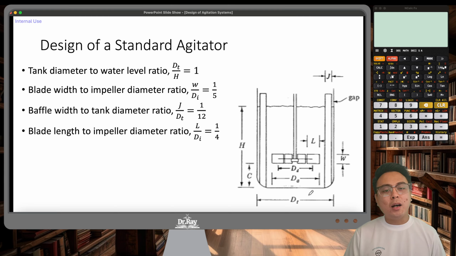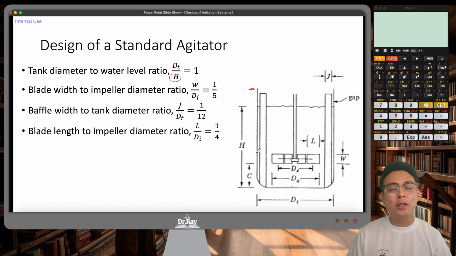Notice that we are describing this as the liquid level ratio, not necessarily just water. It's possible that the actual height of the tank is larger than the height of the fluid inside, and that is reasonable, right?